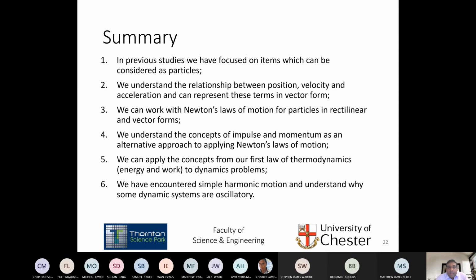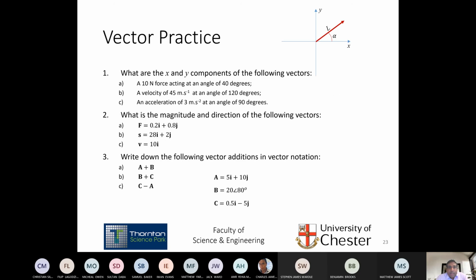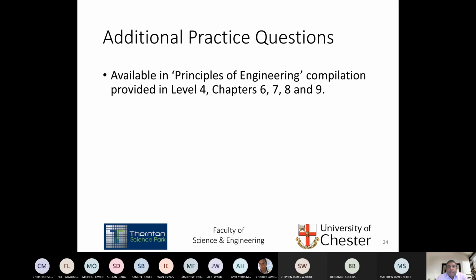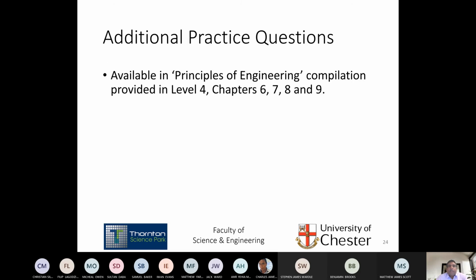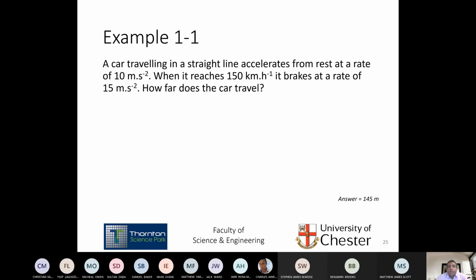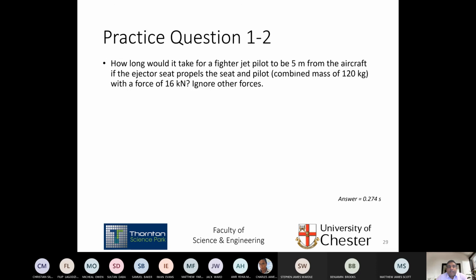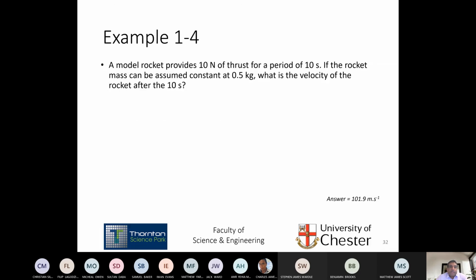While that is the end of the basic lecture, I've got some questions which you can try out. There are some questions on vectors, and there are some questions in your Principles of Engineering textbook, and some more questions that will help you practice and get ready for advanced dynamics.